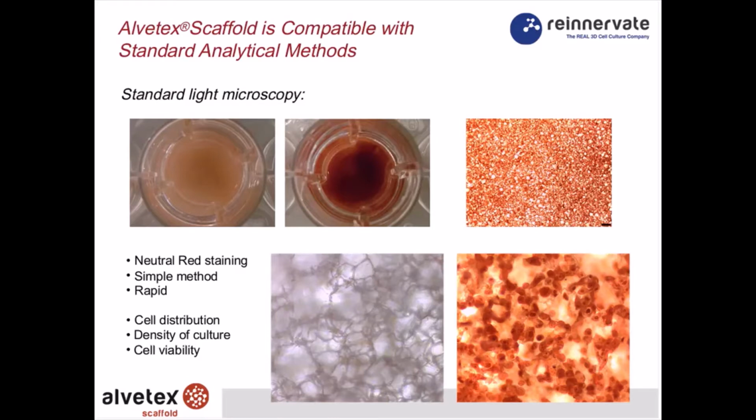We use this dye neutral red, whereby we add that to our culture, and it's non-cytotoxic. The cells turn red, you can see the distribution very clearly, and under the microscope you can see individual cells and get an idea of distribution, viability, and density of the culture. And this can be used initially during the optimization stages of getting used to using Alvetex technology. Thereafter, it is not necessary.